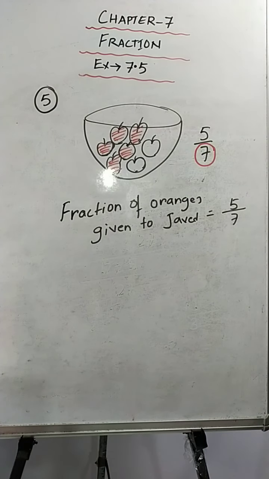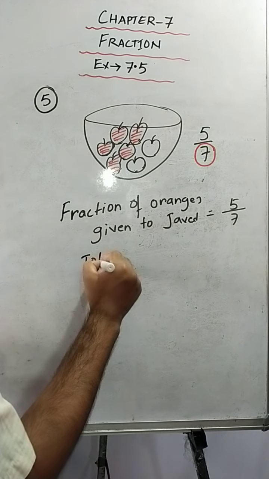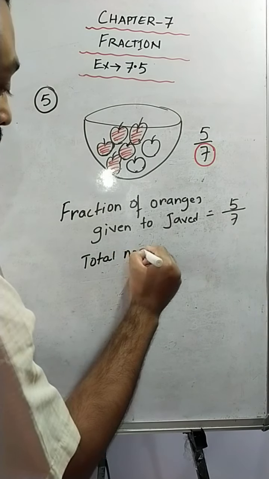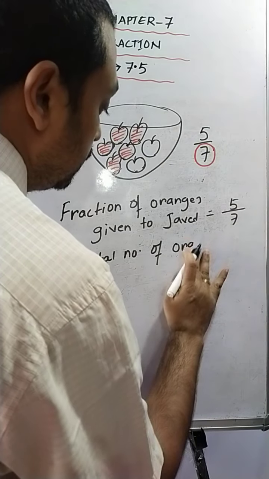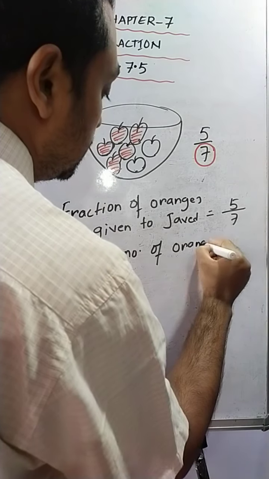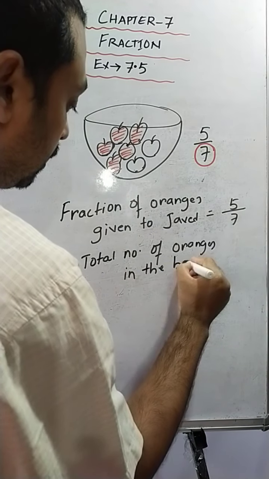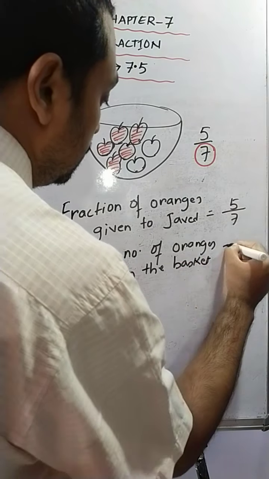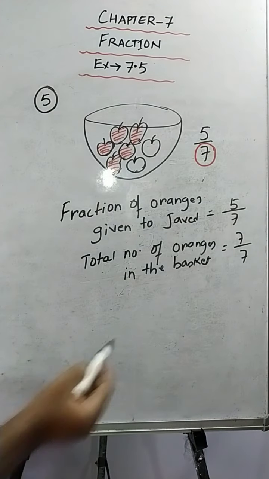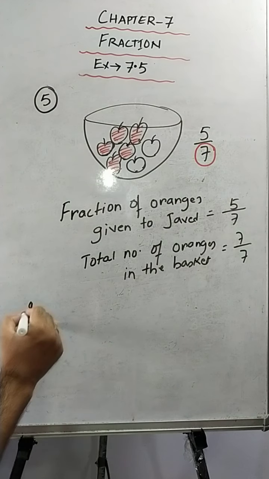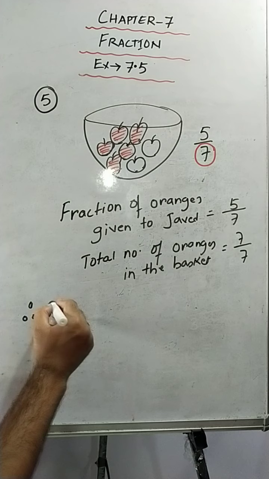Now the total number of oranges in the basket would be what? 7 out of 7, isn't it? This is the total number of oranges. Now, therefore, the last one: the fraction of oranges left in the basket.